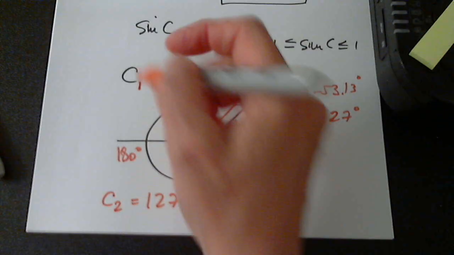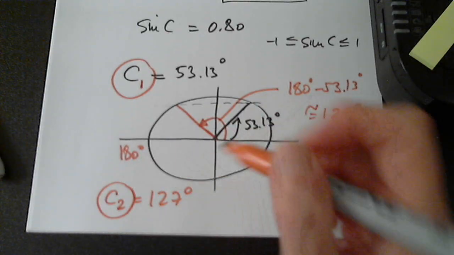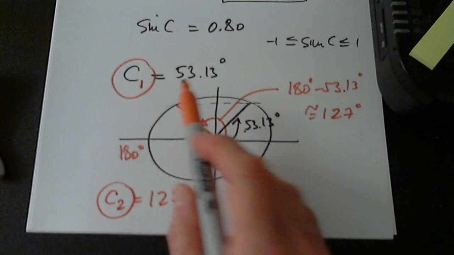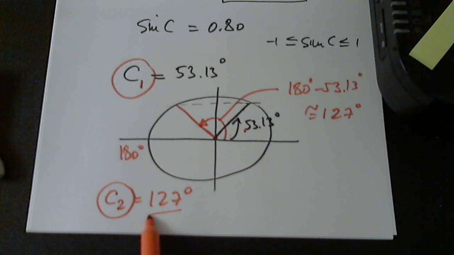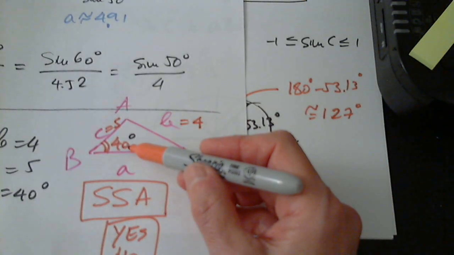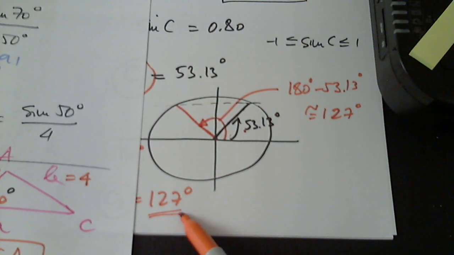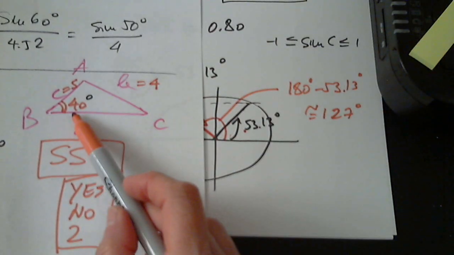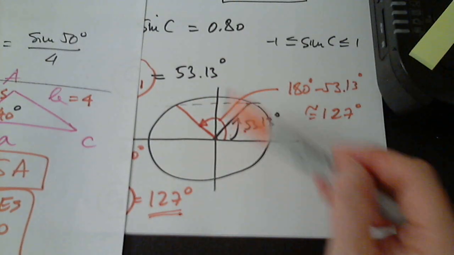So we do have two options here. One option with an angle in the first quadrant and the other option with an angle in the second quadrant, which is roughly 127 degrees. Now, if this angle were 60 degrees, that would not be possible because 60 plus 127 exceeds 180 degrees. But because B is 40 degrees, I can determine A in both conditions.